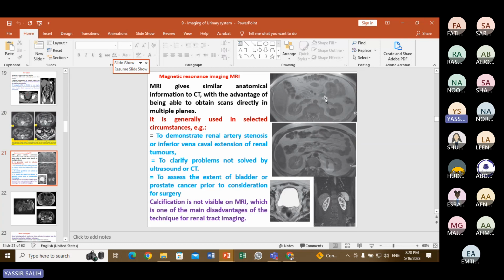طيب بالنسبة لل MRI on urinary tract assessment عندها مشكلة في شنو؟ في الكالسيفيكيشن.